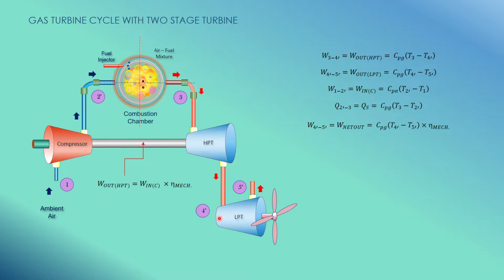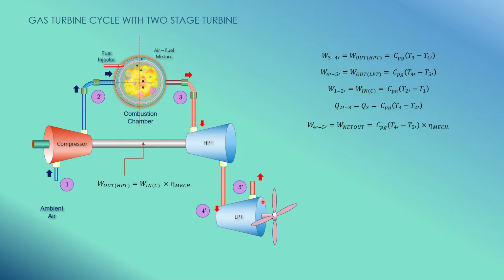Another isentropic expansion happens here, but this time the work output is converted to mechanical energy to drive a propeller or a generator. So we can say that the net work output is equal to the work output of the low pressure turbine.